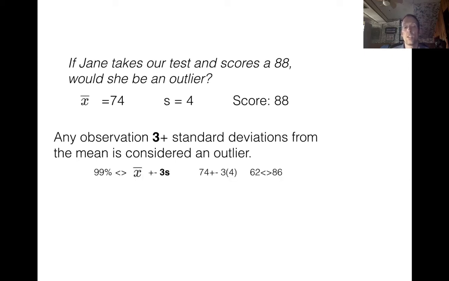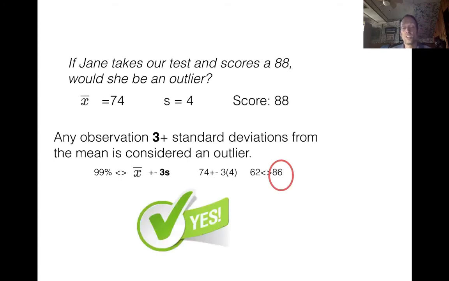And the range that we had was between 62 and 86. So that must mean that if we go above 86, that would equate to 3 or more standard deviations from the mean. And being that Jane scored an 88, which is higher than the 86, that means yes, Jane is definitely going to be considered an outlier.